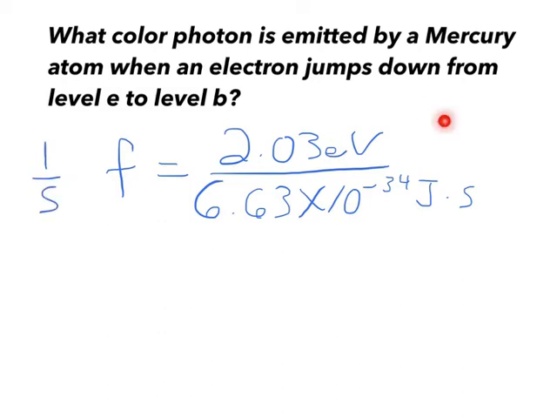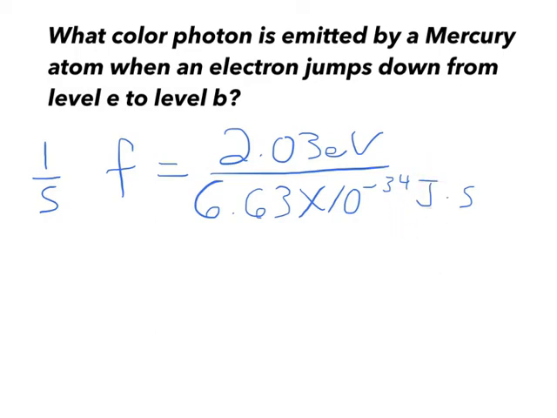So that means in all these units over here, I need everything to cancel out, so I only end up with 1 over seconds. And that means I need electron volts and joules to cancel out. Although they both measure energy, they are not the same unit. So I need to convert electron volts into joules to cancel out that joules.